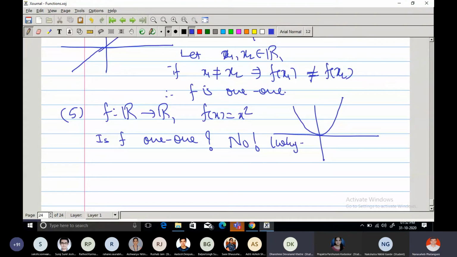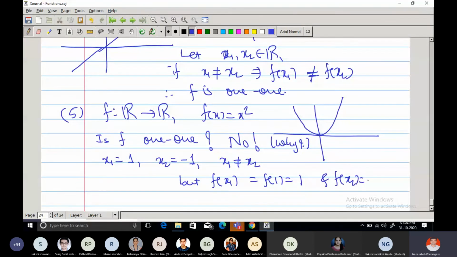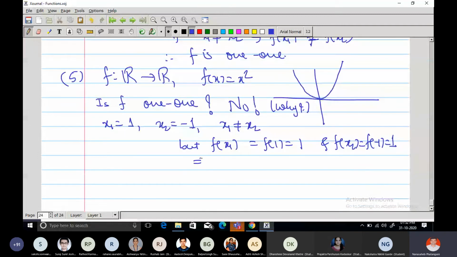Because one has two elements. If I take x1 is equal to 1, x2 is equal to -1, then x1 is not the same as x2, but what is f of x1? f of 1 is 1, and f of x2, which is f of -1, is again 1, so f of x1 is equal to f of x2.